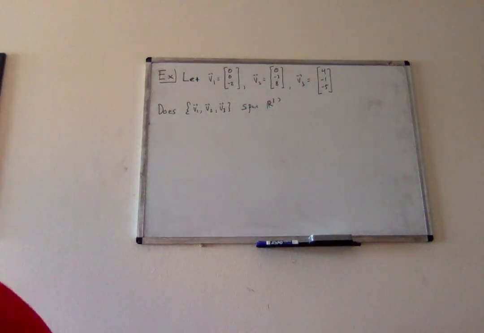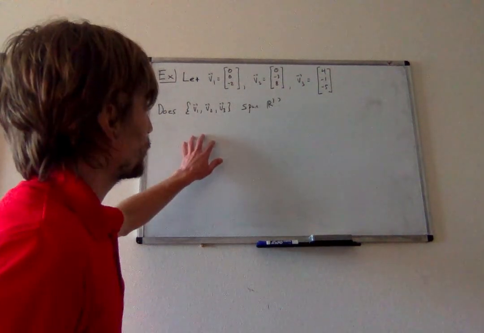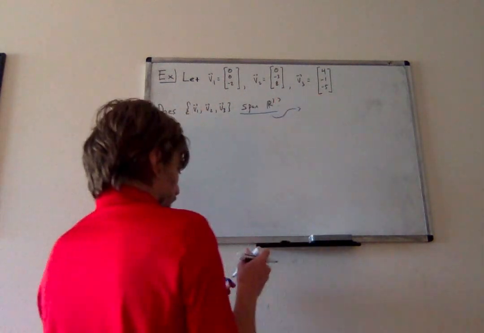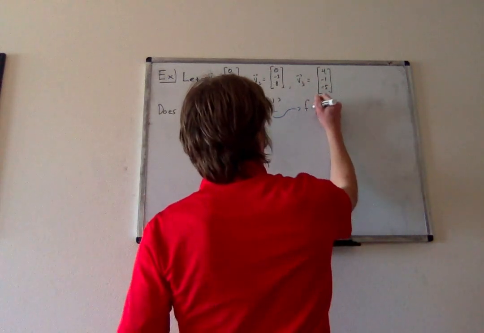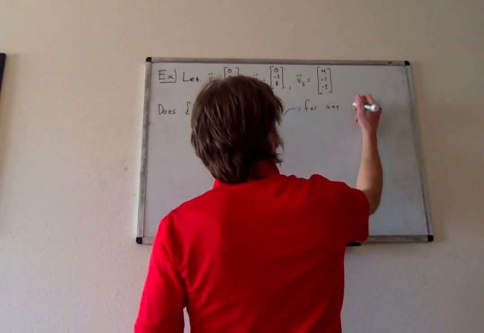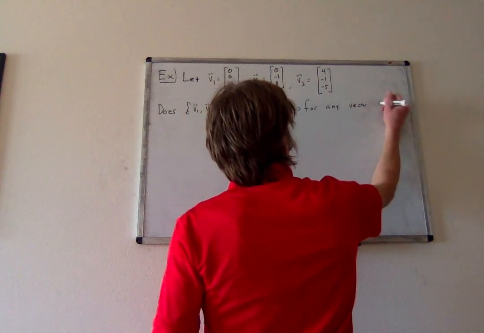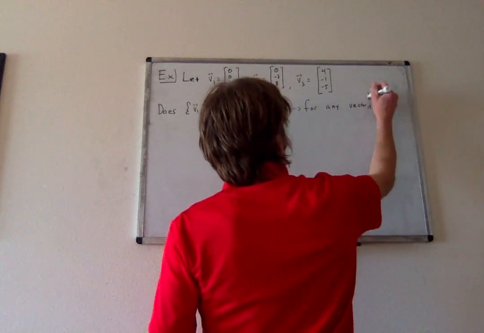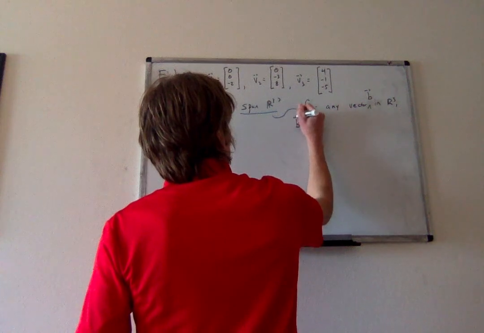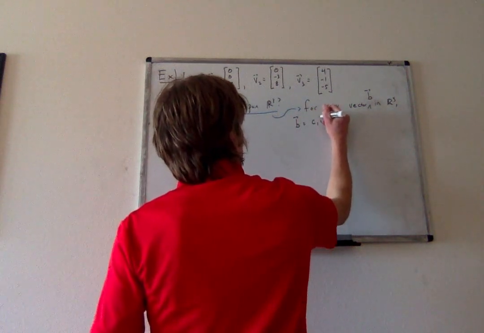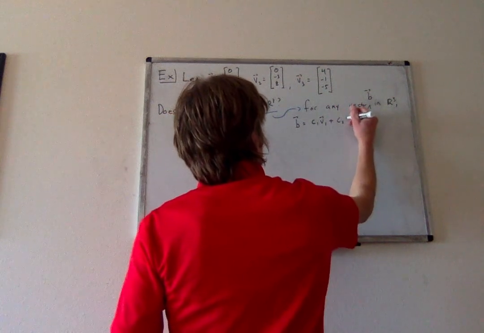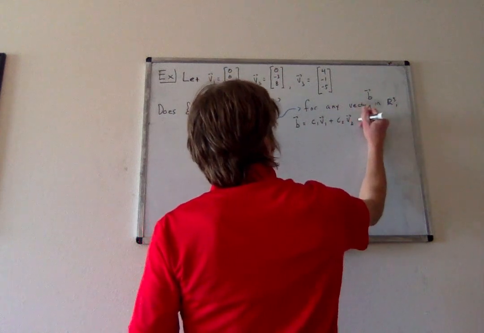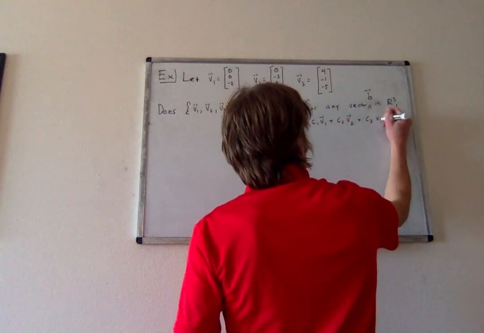All right, so remember what it means for a set of vectors to span R3. This means that for any vector b in R3, b can be written as a linear combination of these three vectors here, if I choose the right set of weights or scalars to multiply those vectors by, right?